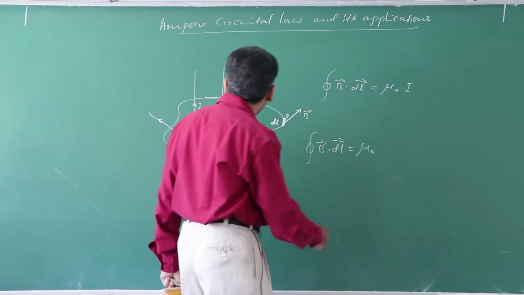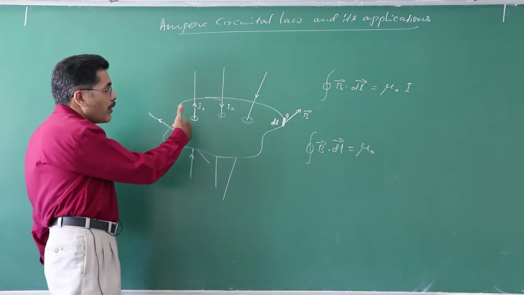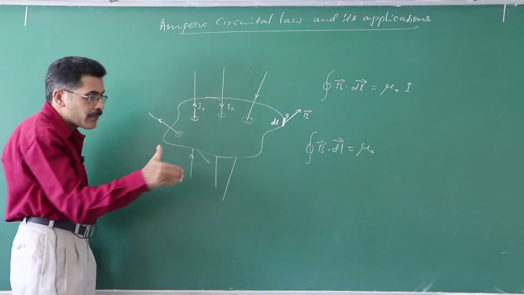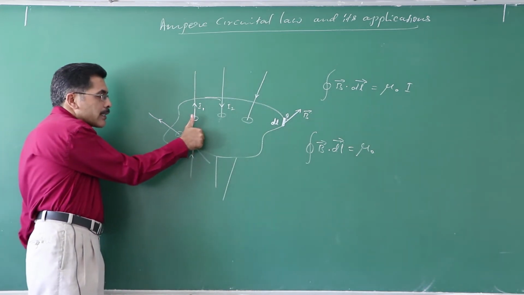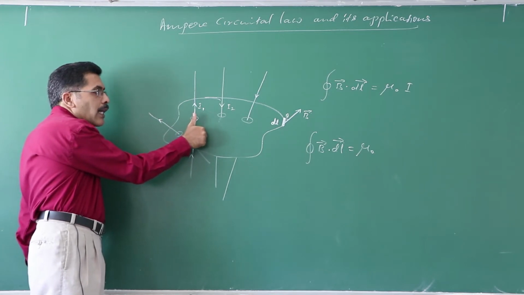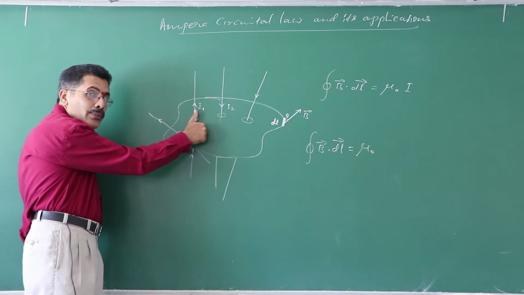See, here we make one convention. When you take your right hand with the thumb pointing in the direction of current, if the current direction is along the thumb, then current is taken to be positive.